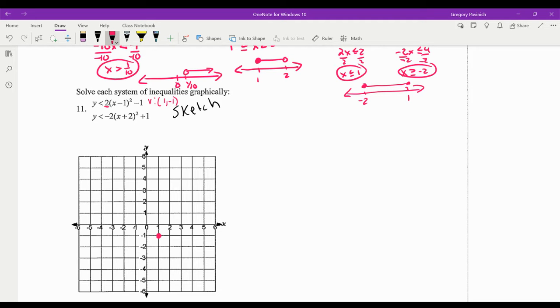So it's going to actually go up to 2. And then if I go 2 away, 2 squared is 4, but I have an a of 2, so it goes up 8. So 1, 2, 3, 4, 5, 6, 7, and just a little 1 up. Okay. And then I have an axis of symmetry, so I know if that one's 1 away, it's 1 away. And this one, if it's 2 away, this one's 2 away.